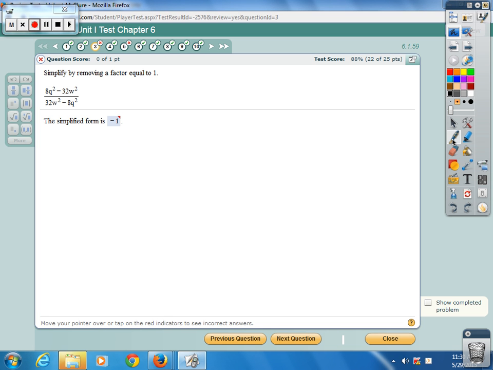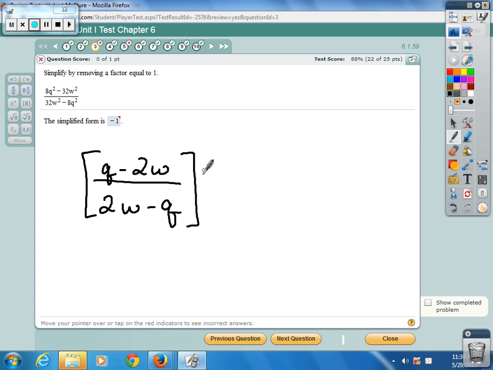Let me show you. What did we get? Q minus 2W over 2W minus Q. I thought it was going to make them different if you multiplied by negative 1 over negative 1, but evidently they fixed it to where it wouldn't. Negative 1 times Q is what?